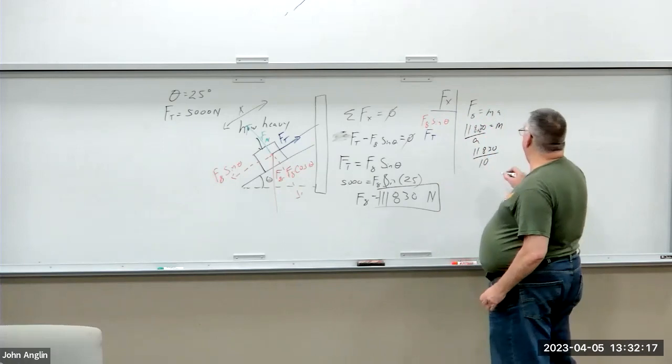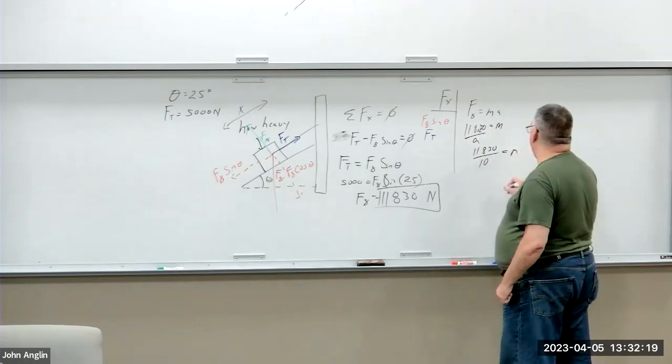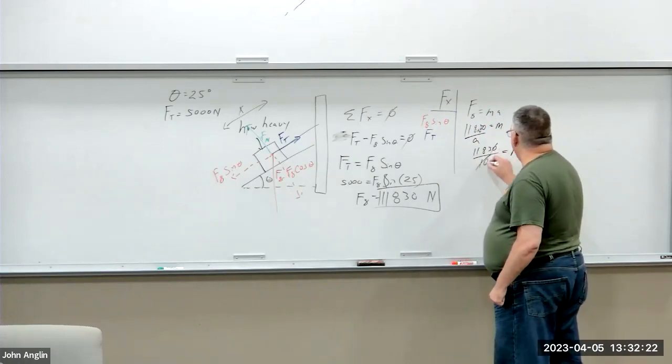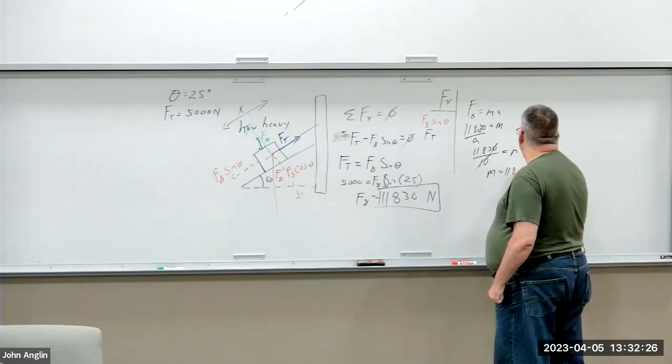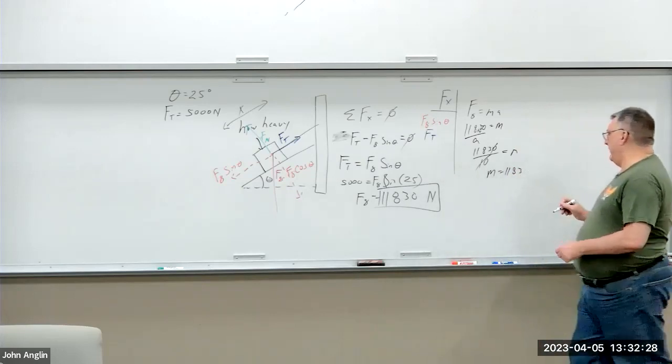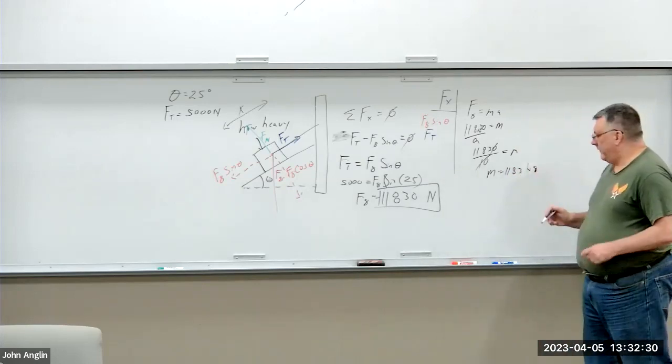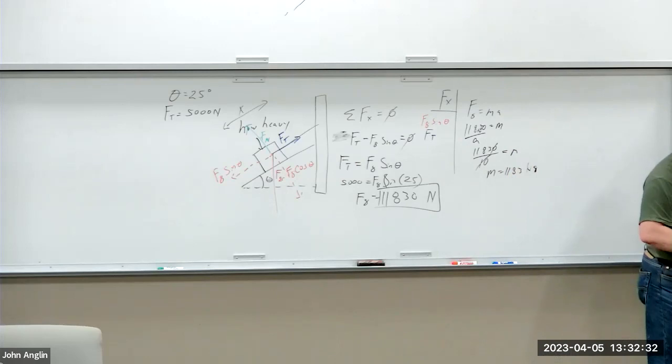Let's call gravity 10 just to make it easy. So divide through by 10. That means our mass is 1183 kilograms. Pretty simple, right?